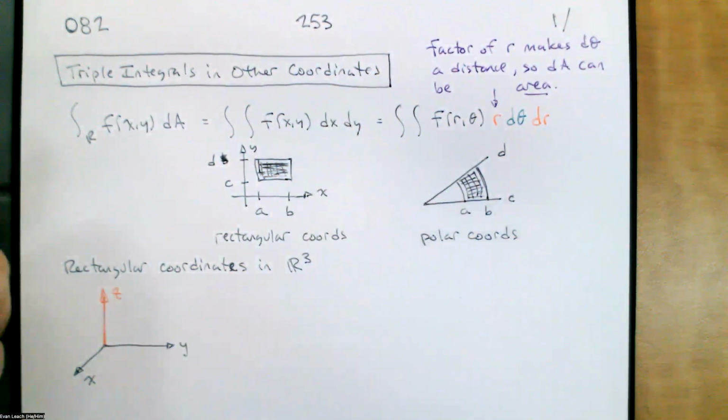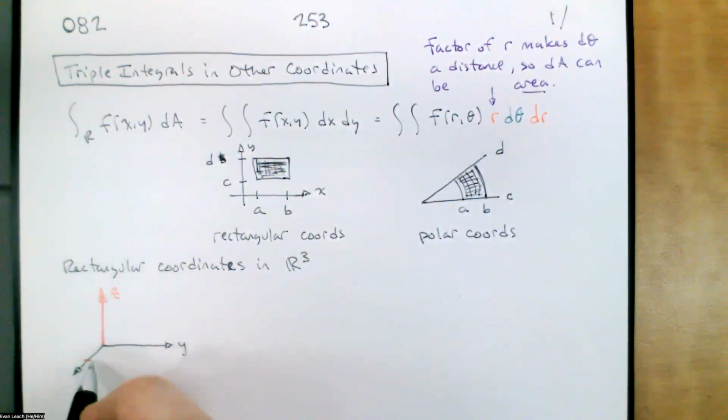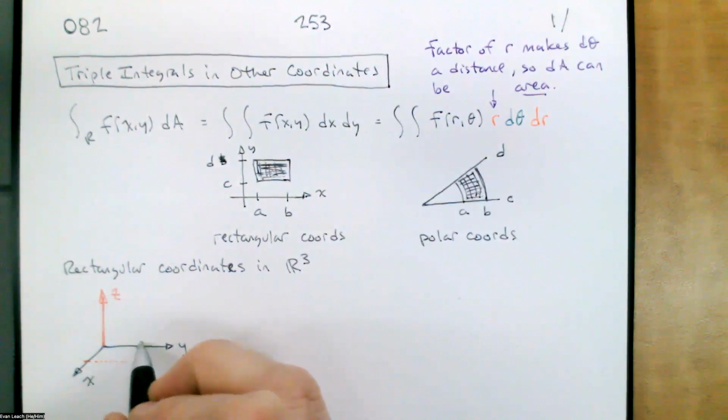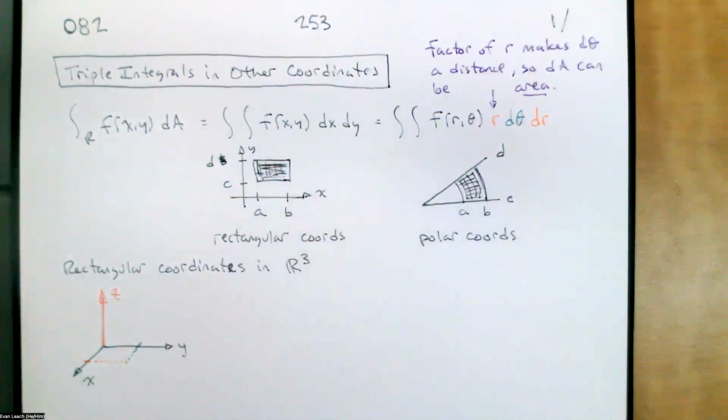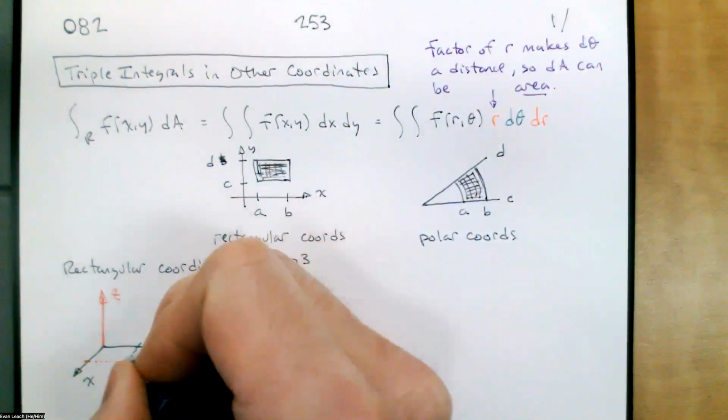So that a point in space here will have an x coordinate, a y coordinate, just like before, and then we'll have a z coordinate.